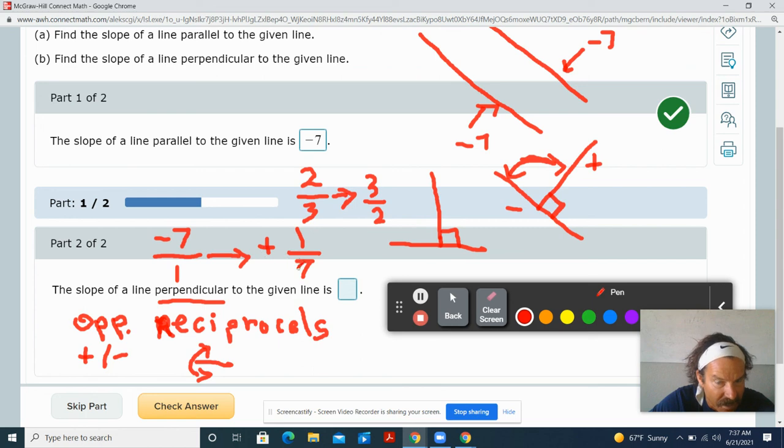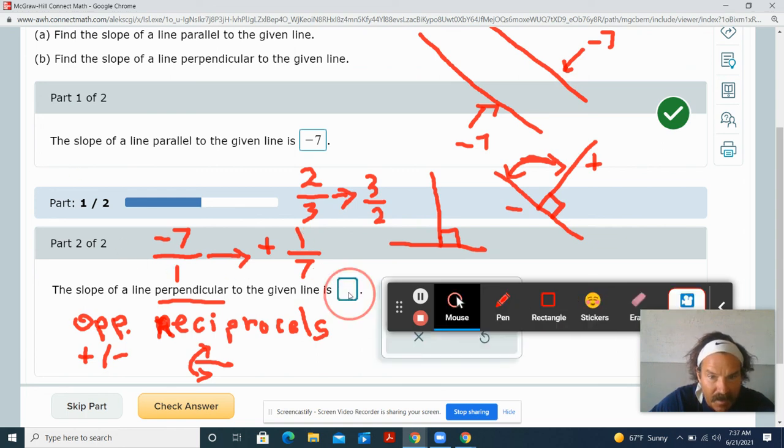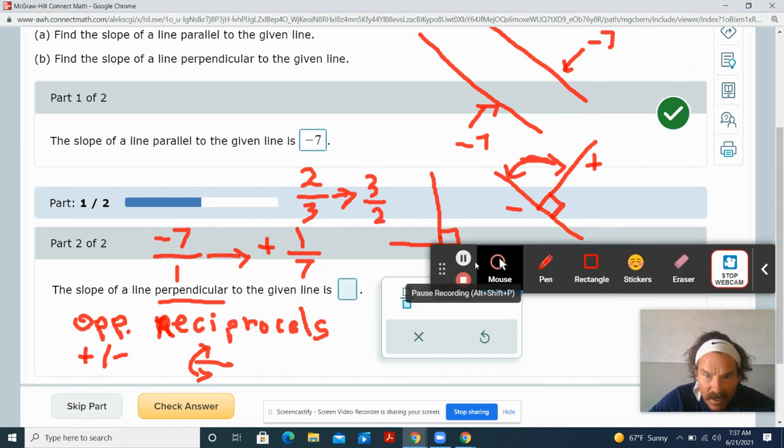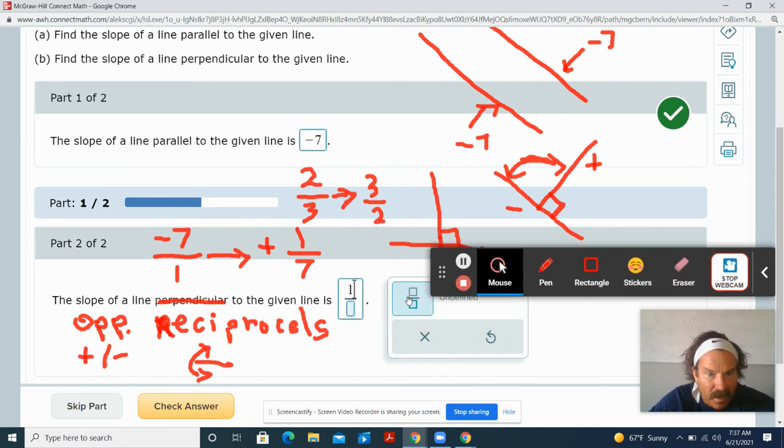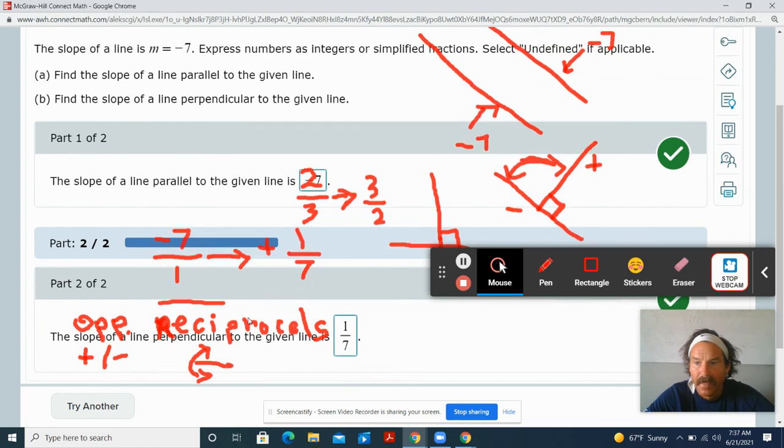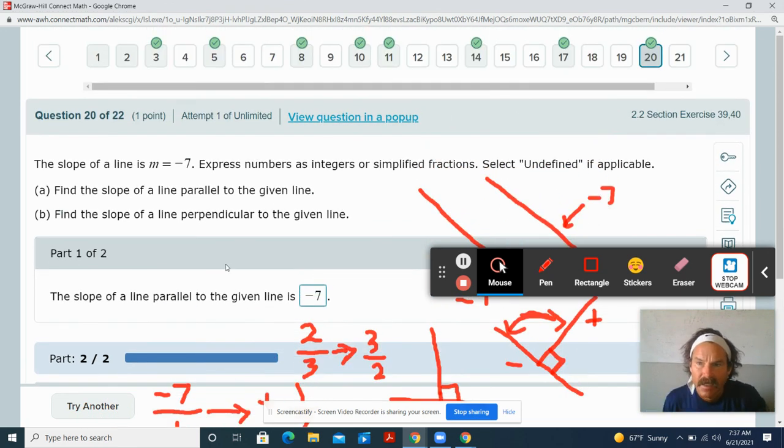Notice it's not negative 7 on the bottom because I took the opposite sign. So it's 1 over 7. I think you get a box if you click that. Yeah, there's the box right there. So you put 1 on top and 7 on the bottom, and check the answer.